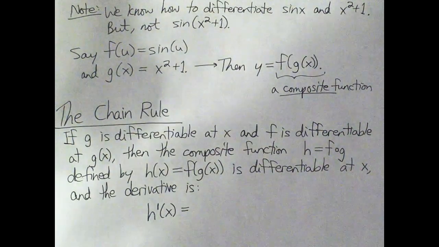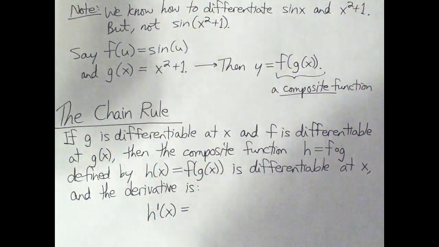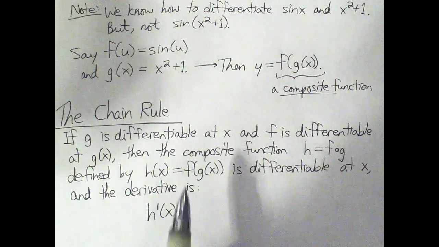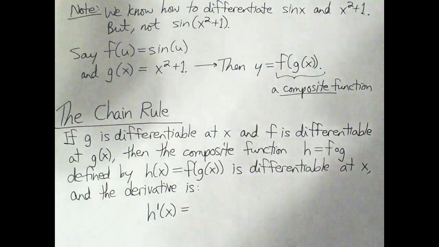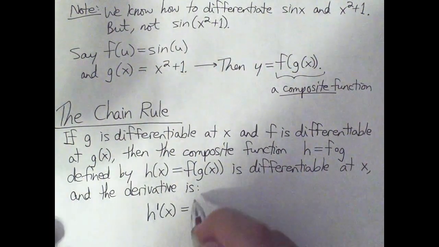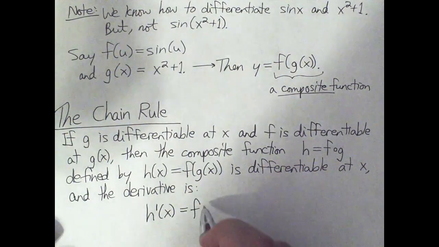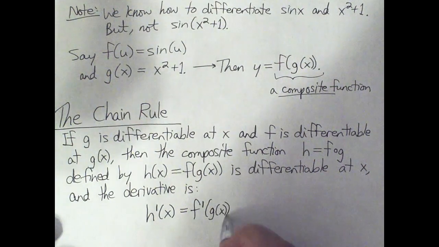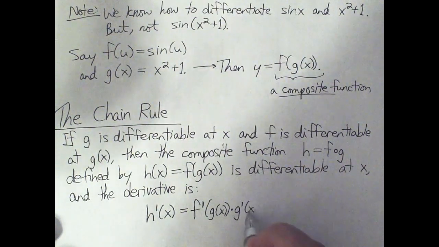Now, you might be thinking, wouldn't it be nice if we just put prime on f and prime on g, like f prime of g prime? Unfortunately, that's not the rule. It's not that simple. What we need to do is f prime of g of x times g prime of x.